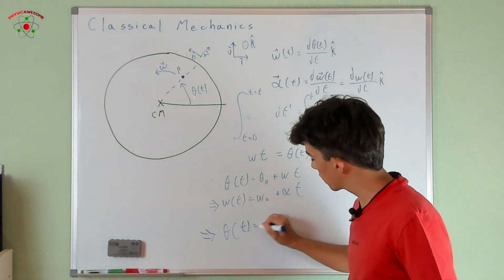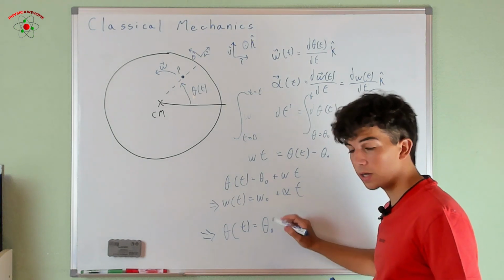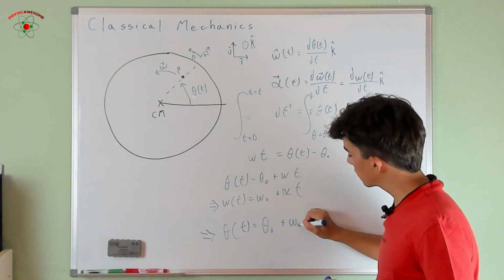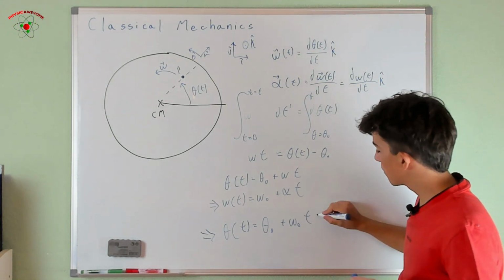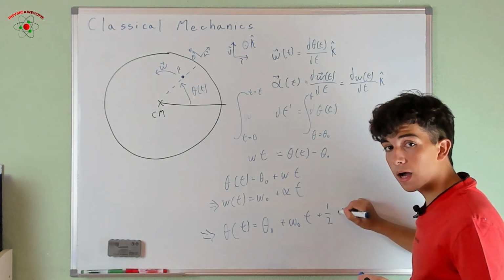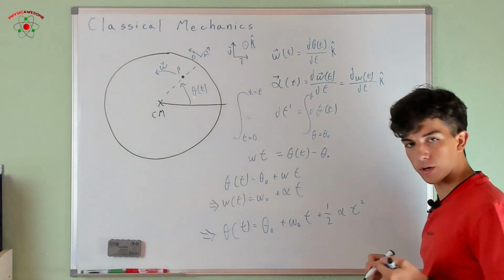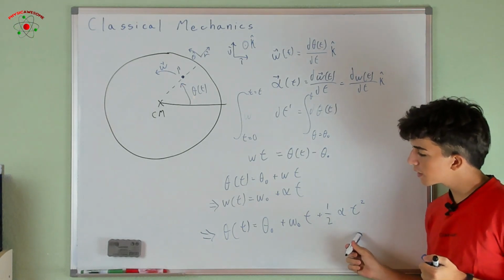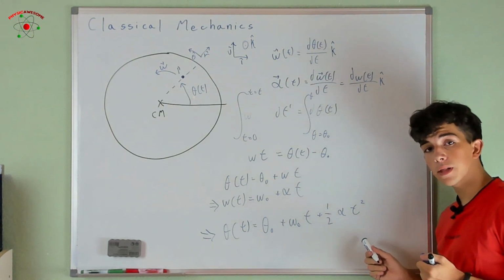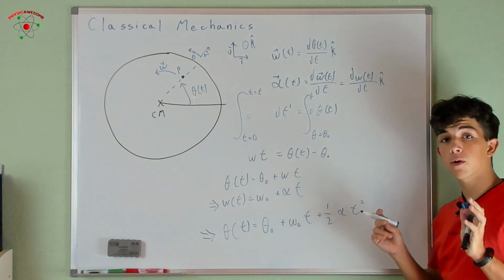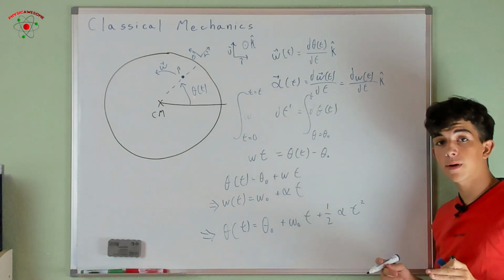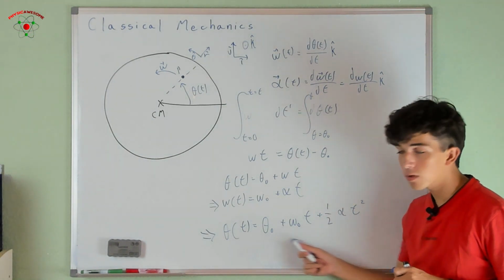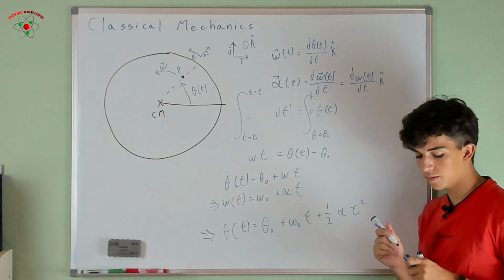Theta of t equals the initial angle we had plus the initial velocity we had times time plus 1/2 alpha t squared. And this equation should be pretty familiar because it's the exact same equation we had for kinematics, but for the circular rotation variables.